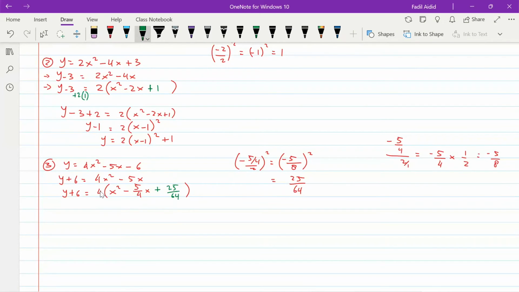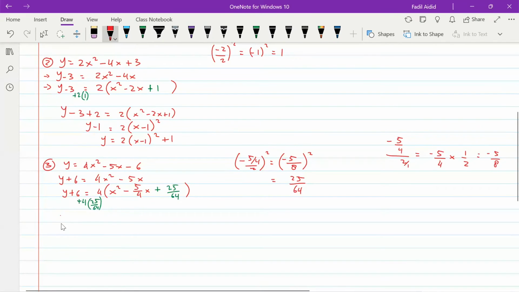Now, since we have 4 here, the coefficient of x squared, in here you add 4 times this quantity. So, sorry, add 4 multiplied by this quantity, 25 over 64, on the left side.